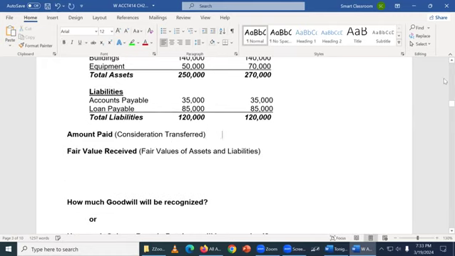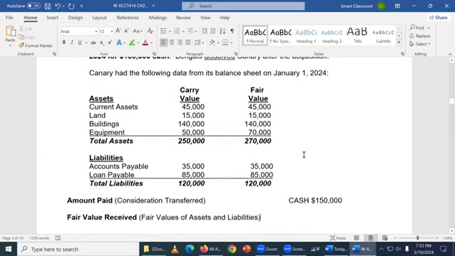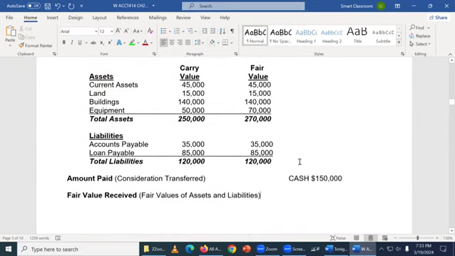Amount paid, cash 150,000. And the fair value of the assets received, we're done looking at the identifiable assets.